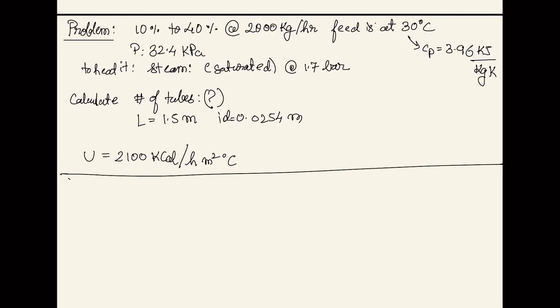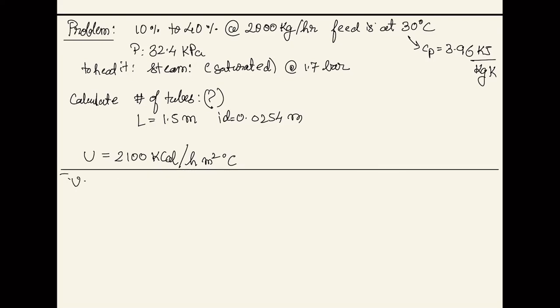Breaking down this problem: in this particular problem, U is given. Q is something that you can find out because I have given you the feed flow rate, and by mass balances you can find out the amount to be evaporated, and then you can find the value of Q. U has been given, so using Q = UA ΔT, and ΔT is known, you will find the area.